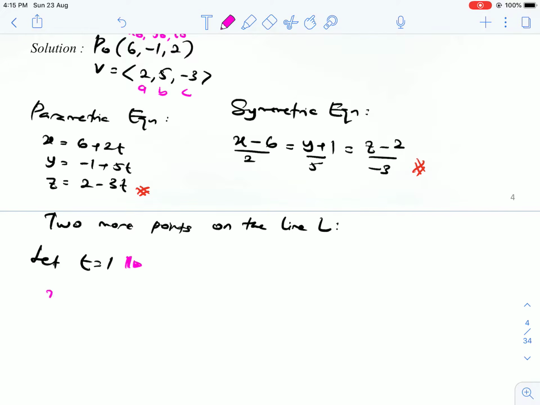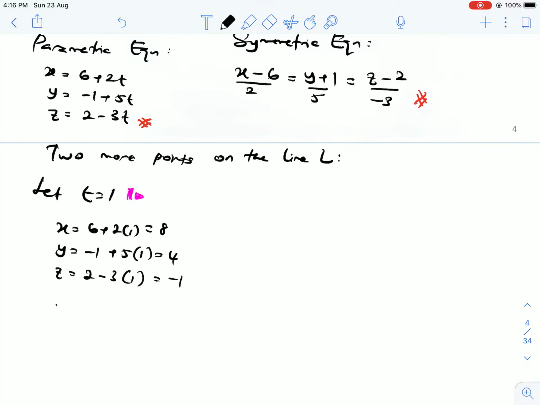So let's say we let t equals to 1. We have x equals to 6 plus 2 times 1, so we have 8. Y equals to negative 1 plus 5 times 1 equals to 4. And then z equals to 2 minus 3 times 1, we have negative 1. So one of the points is 8, 4, negative 1.